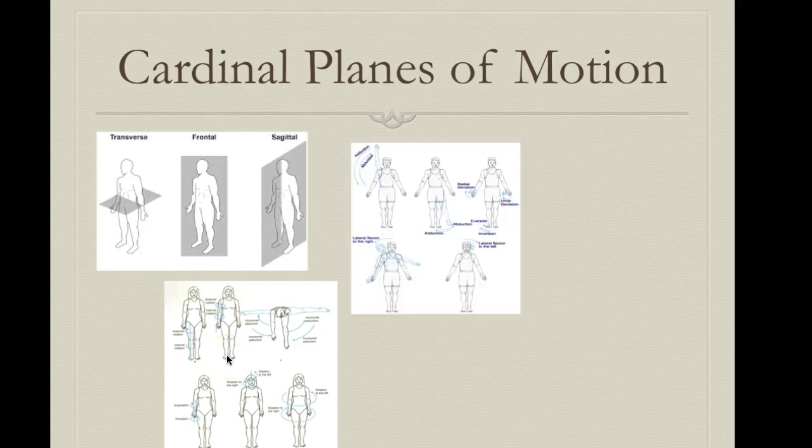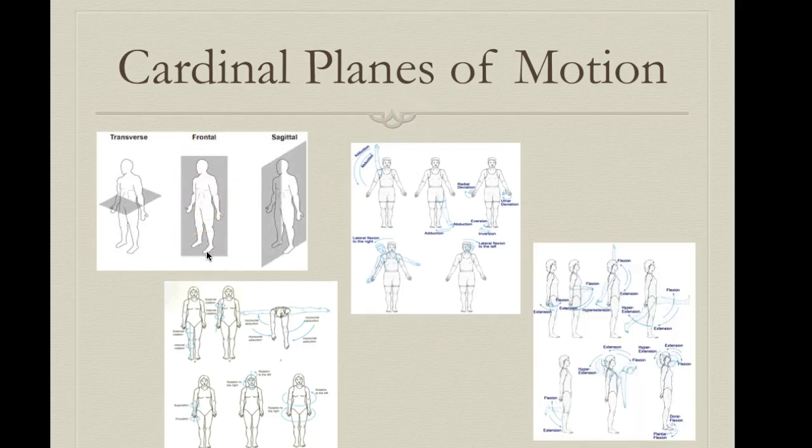Now, movements such as abduction or adduction of the shoulder, let's say abduction and adduction at the hip, those movements occur in the frontal plane. So anything that, when you perform it, kind of feels like a lateral movement, any of those movements would be occurring in the frontal plane.